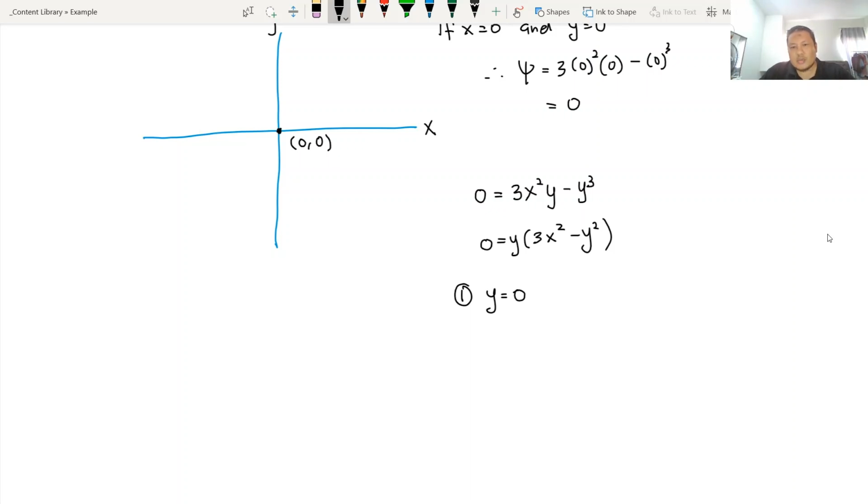We know that along the x-axis, the value of psi equals 0. So the first line that we can plot is this line, which represents psi equal to 0.